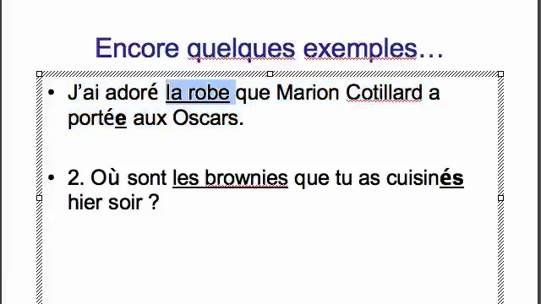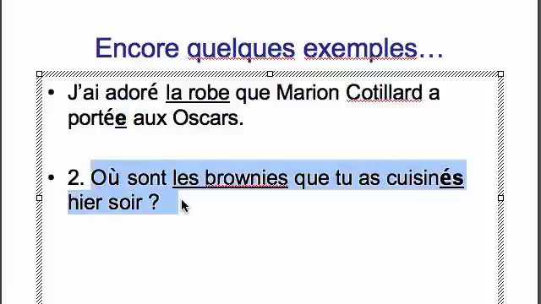Great. I don't have to touch this verb right here because la robe comes after it. It doesn't precede it. But if I keep reading, que Marion Cotillard a porté, that she wore, okay, what did she wear? She didn't wear the Oscars. She wore the dress. And the dress comes before the verb porter, and therefore porter has to agree with an E.